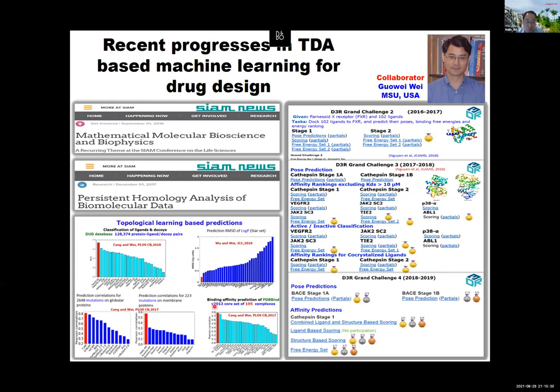To see how good this is, I think yesterday Professor Wei also mentioned this D3R test. Currently in structural biology, there are two very famous worldwide competitions. One is called CASD, one is called D3R. This is just like the winter and the summer Olympics.